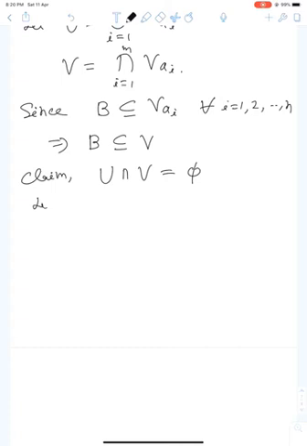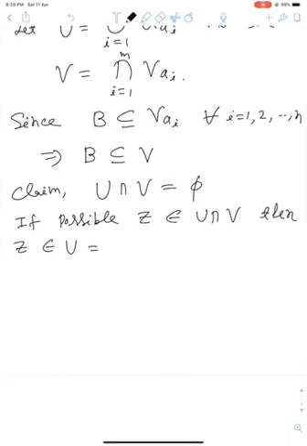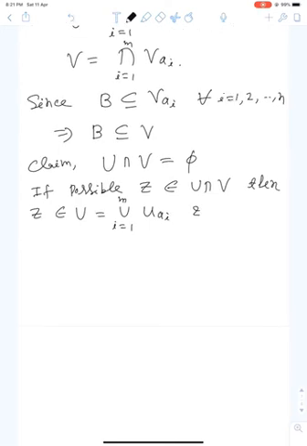Now again, if possible, let z belong to U intersection V. Then z belongs to U, the union of the U_ai, and z belongs to V, the intersection over i equal to 1 to m of V_ai, right?